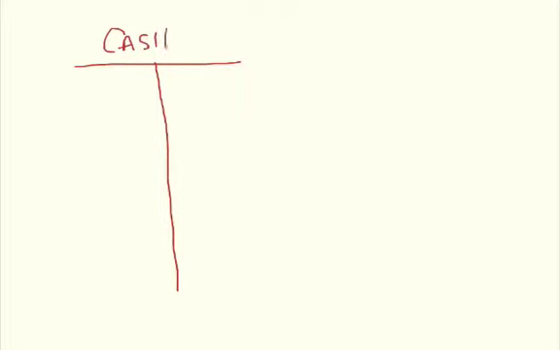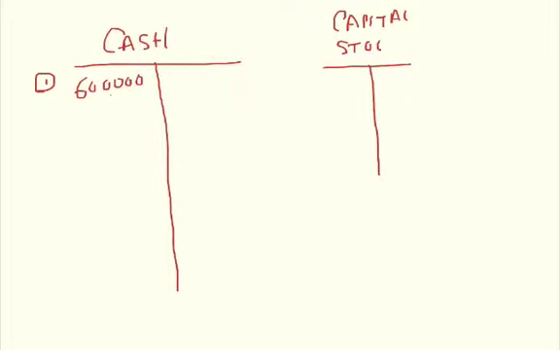All right, in transaction number one, we're going to have a T account for cash. And we're going to debit that for $600,000. And we'll call that number one. We'll have a credit to capital stock, and that's going to be for $60,000, also in number one.